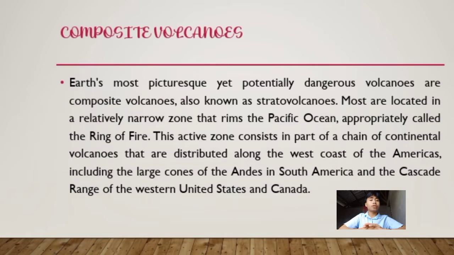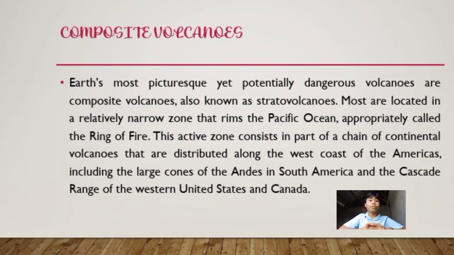So let us first know what is all about composite volcanoes. Earth's most picturesque yet potentially dangerous volcanoes are composite volcanoes, also known as stratovolcanoes. Most are located in a relatively narrow zone that rims the Pacific Ocean, appropriately called the Ring of Fire.